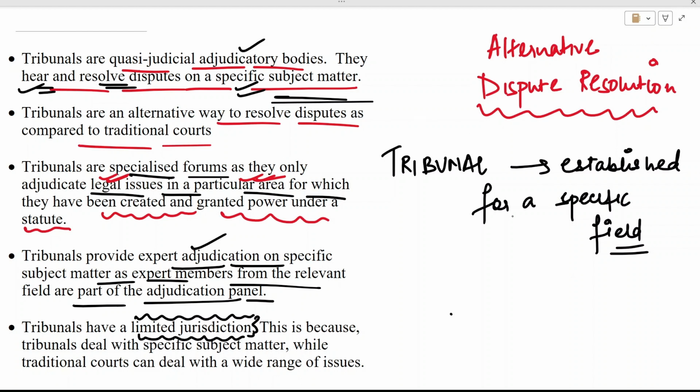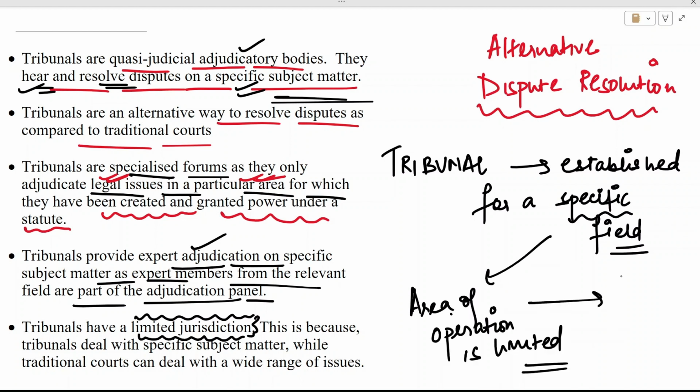No. Only matters related to environmental law can come to the National Green Tribunal. So similarly, for all the tribunals, there are specific fields, which means that their area of operation is limited, which we can say is a limited jurisdiction, limited power. They can't deal with any and every subject matter which comes to them.